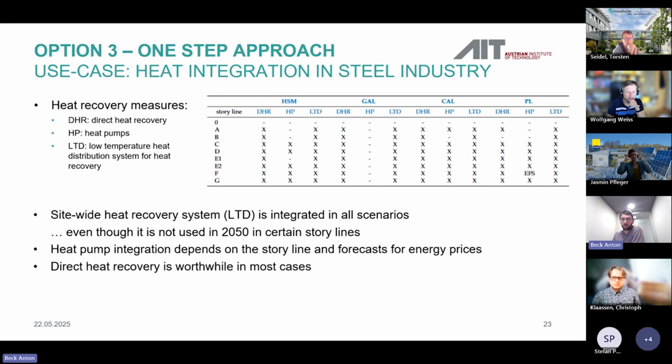So in the storylines, 2050 was a fully decarbonized system with electrified furnaces, where there was no more relevant excess heat potential from these furnaces, but it still made sense. So it was not actually a stranded asset, but something like a transition technology that paid off. And with this approach, we could capture this.